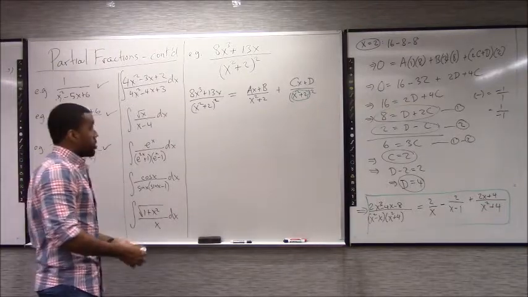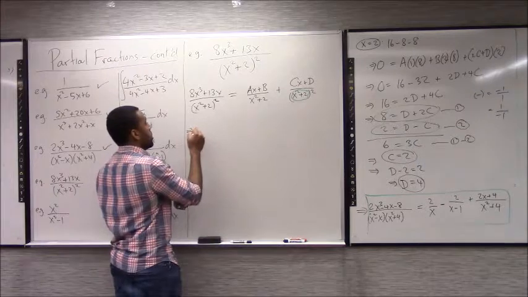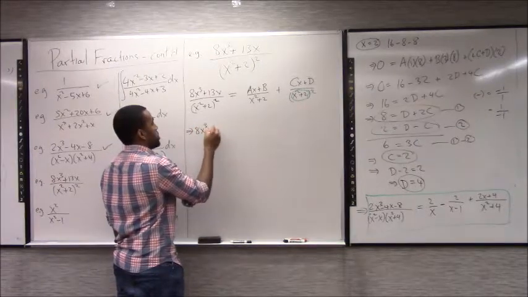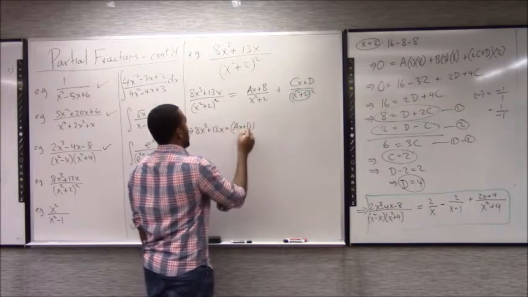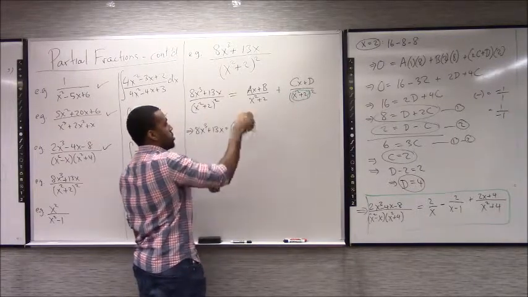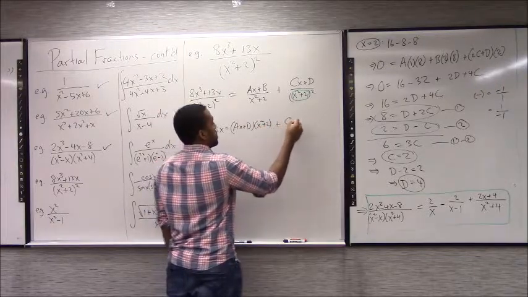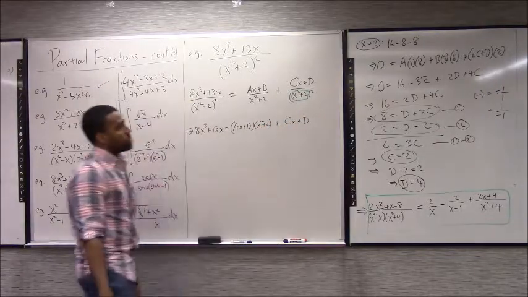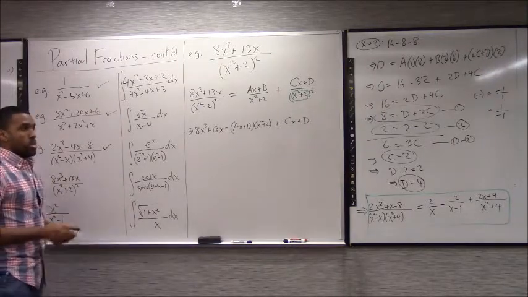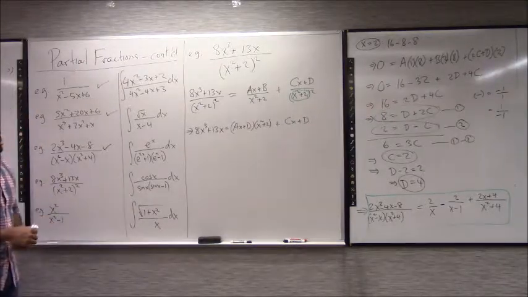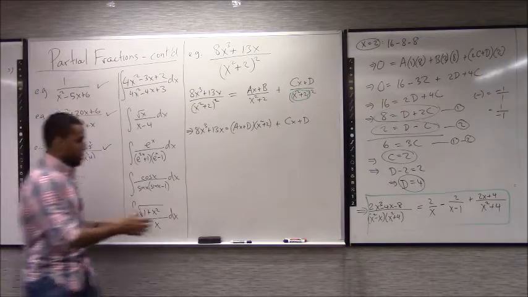Okay, and then you can multiply both sides by this denominator, so that would give you 8x cubed plus 13x is equal to Ax plus B times x squared plus 2, plus this would just be Cx plus D. Okay, ideas?